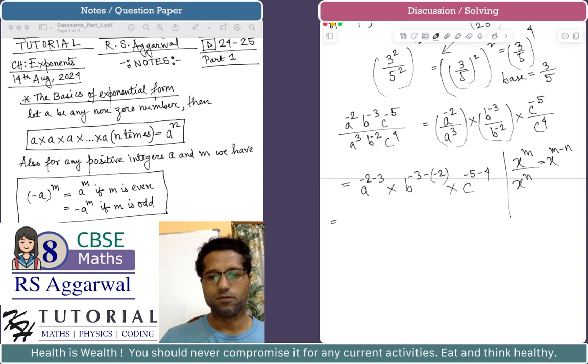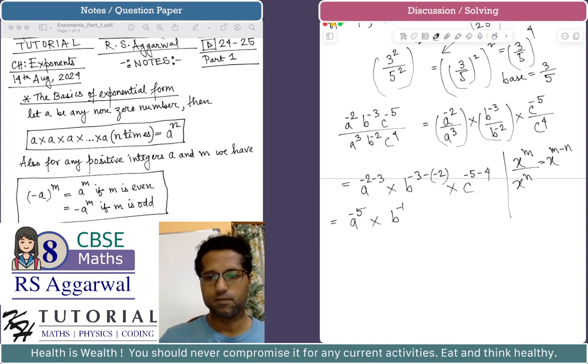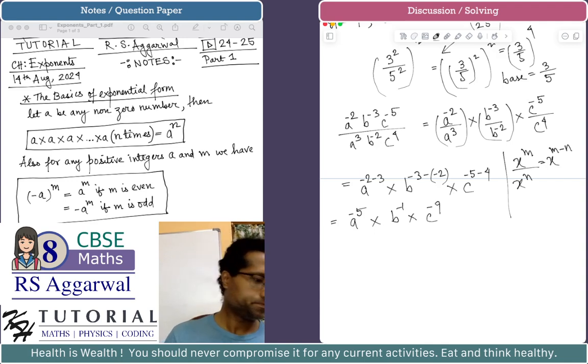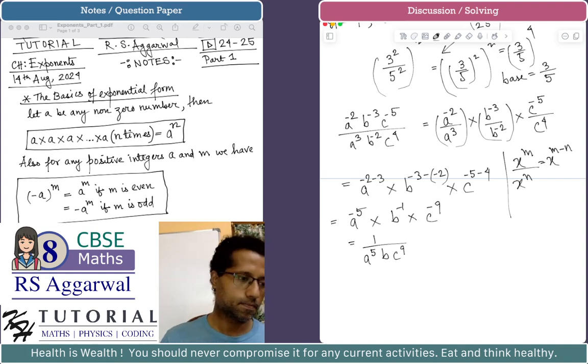So this is equal to a minus 5 multiplied by b minus 3 plus 2, that is minus 1, multiplied by c minus 9. So this is equal to 1 by a raised to the power 5, b and c raised to the power 9.